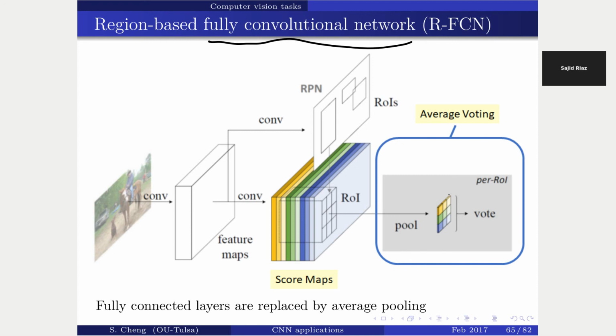Let me give an example. Say the last layer has 10,000 samples, and I'm trying to do a classification into 101 classes.